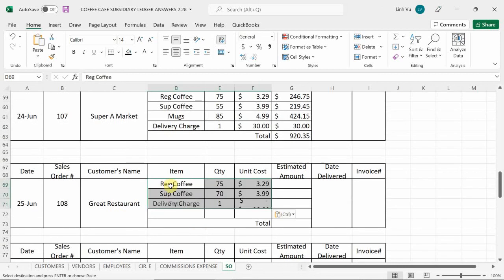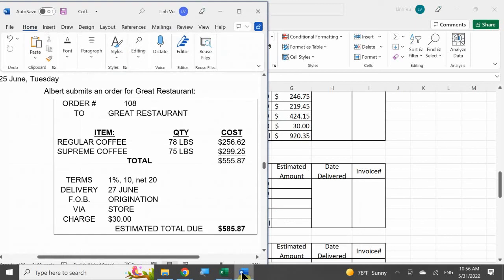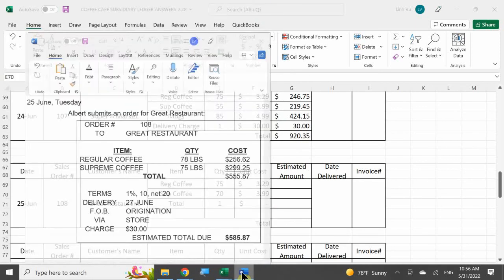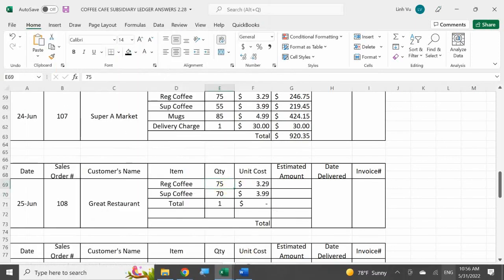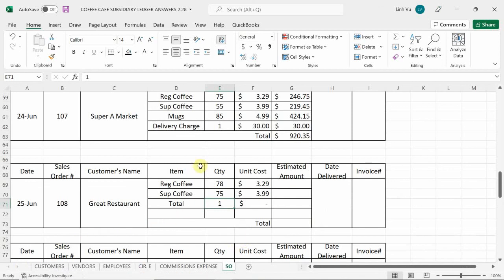The only difference is, how much regular coffee are they actually buying? 78 pounds. And they're buying 75 pounds of the supreme coffee.